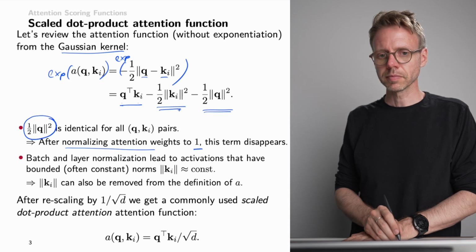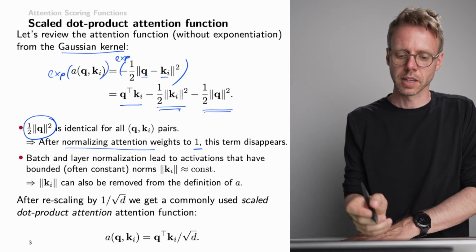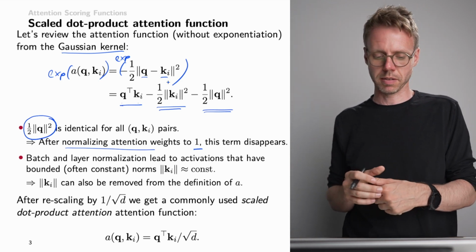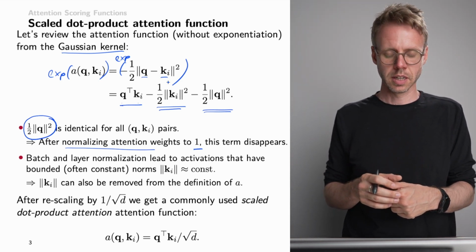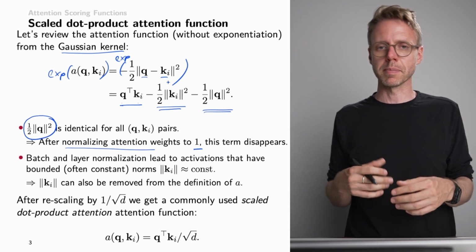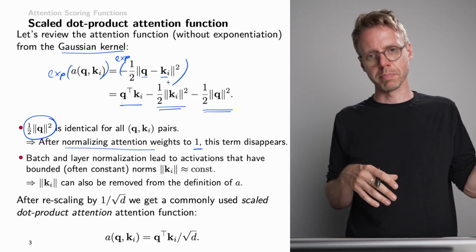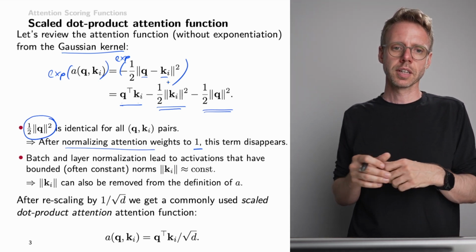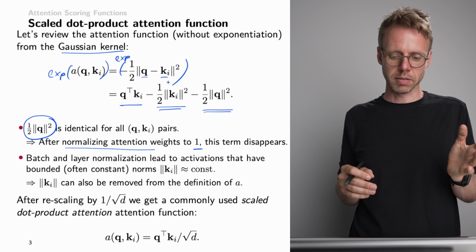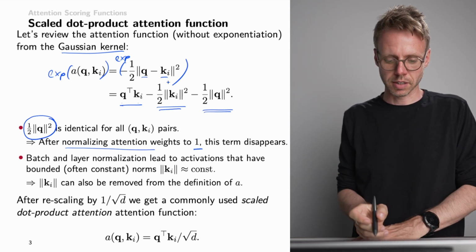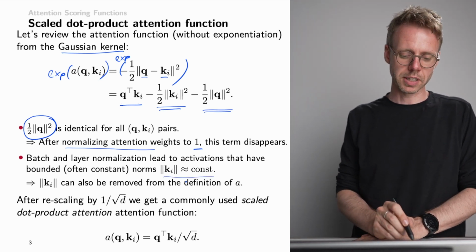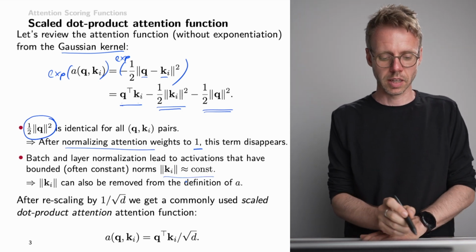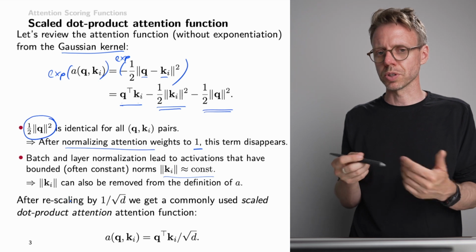Well, there are many reasons to say that the norms of those keys will also be quite similar for different keys. And there are also different operations that we commonly apply in deep learning, namely batch normalization or layer normalization, that actually make these often constant. Yeah? So they are very similar to each other, and thus they can usually also be removed.